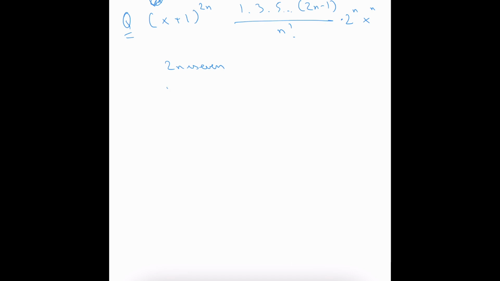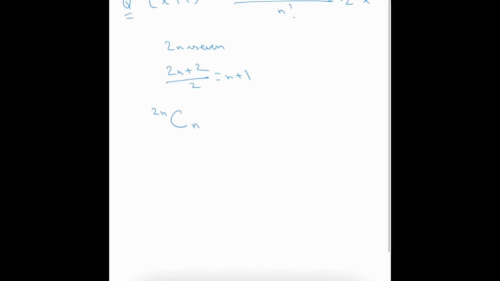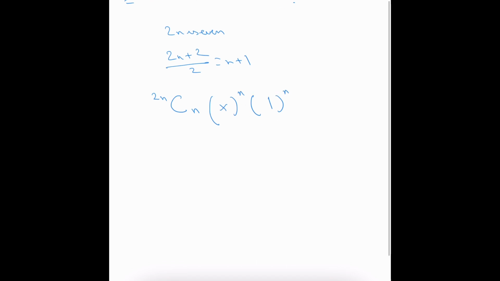So the middle term in this case would be (2n plus 2) upon 2. This is n plus 1. So now we have to find the (n plus 1)th term. This will be 2nCn times x to power n times 1 to power n.